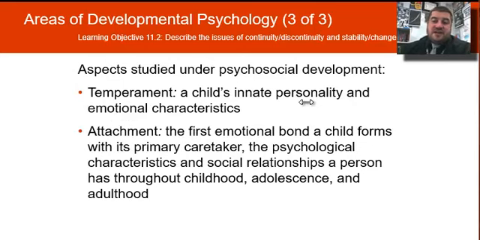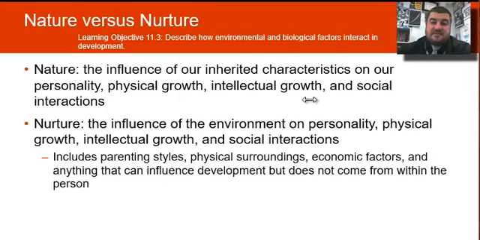In psychosocial development, we'll also assess a person's temperament, or basically a person's innate personality and emotional characteristics, which does tend to stay very stable over time. And a person's attachment, which is the first emotional bond a child forms with its caretaker. And we'll also take a look at that.